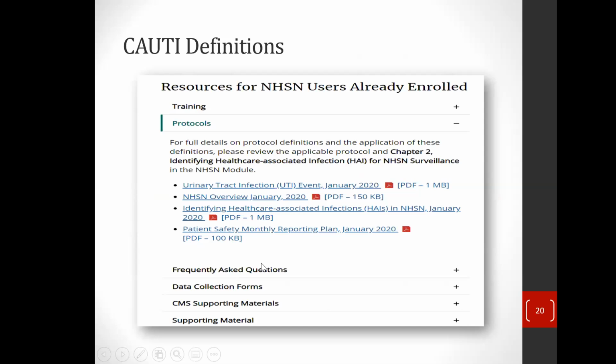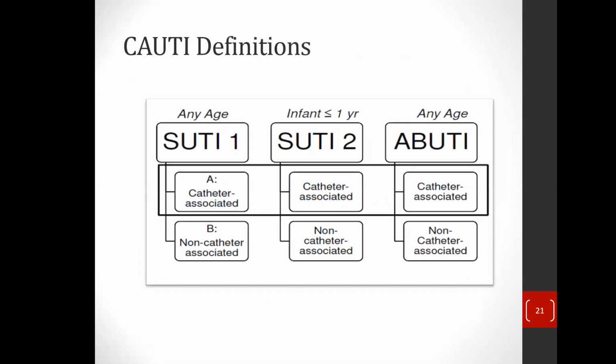If you open up that big PDF file, that is going to give you all the definitions that we're going to talk about. So there's your reference. There are 3 different types of CAUTI definitions, and we call them symptomatic UTIs. And that's why it's SUTI and not CAUTI, because a SUTI can either be catheter associated or non-catheter associated.